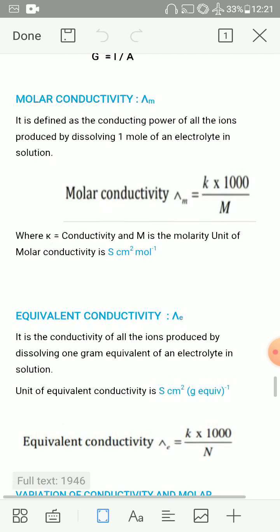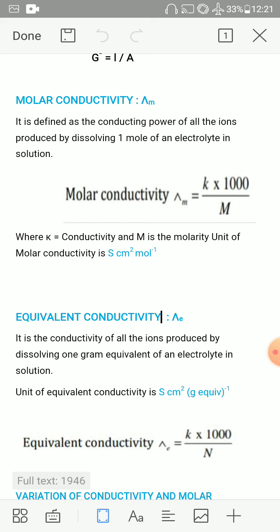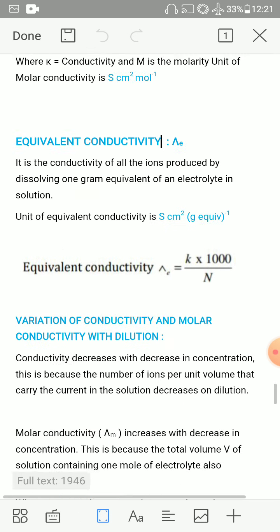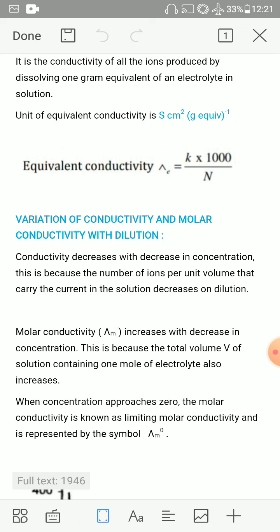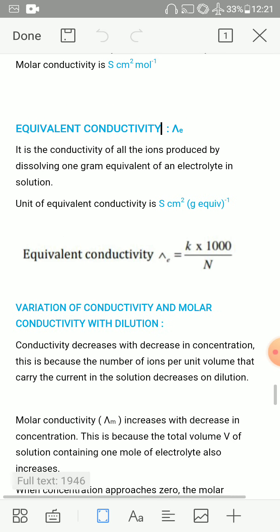In case of molar conductivity, lambda m is equal to kappa into 1000 by m, where m is the molar concentration or molarity of the solution. But in case of equivalent conductivity, lambda E is equal to kappa into 1000 by n, where n is the normality of the solution.